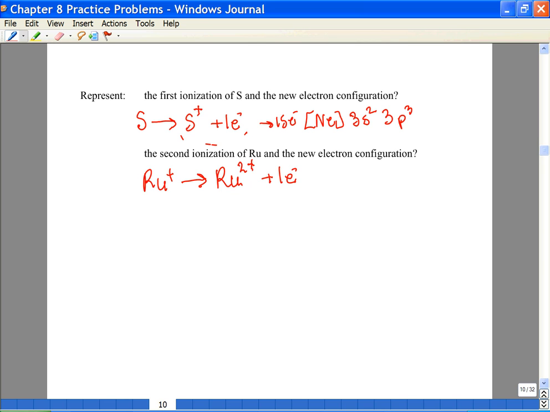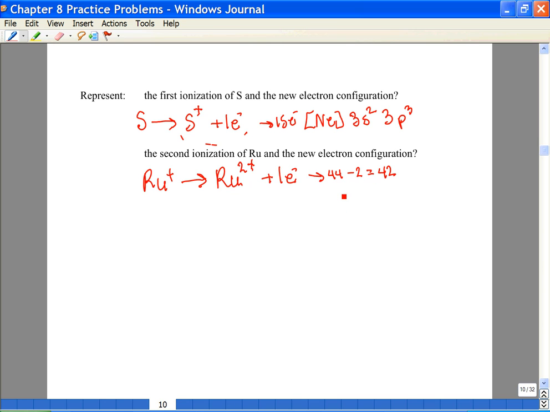So looking at ruthenium on the periodic table, we have an atomic number of 44. And so with 2 electrons removed, there are therefore 42 total electrons. So we started out with 44. So we're down to 42.